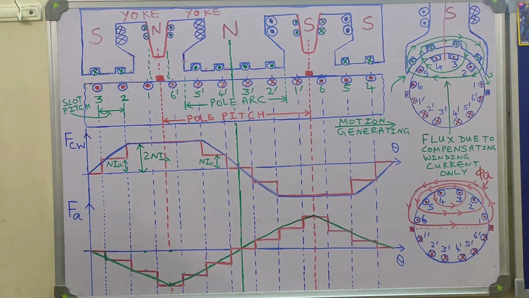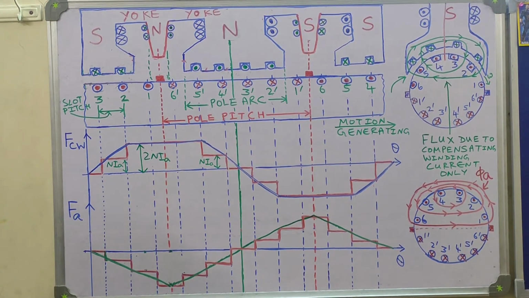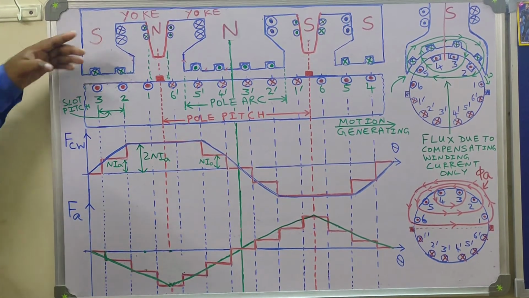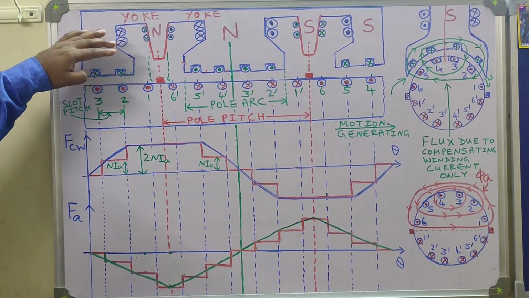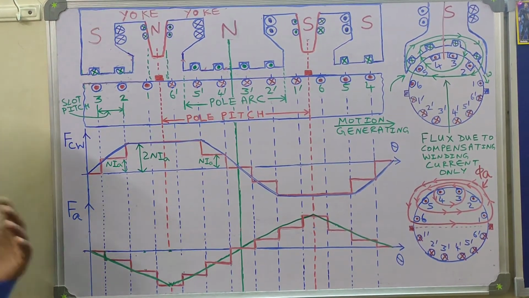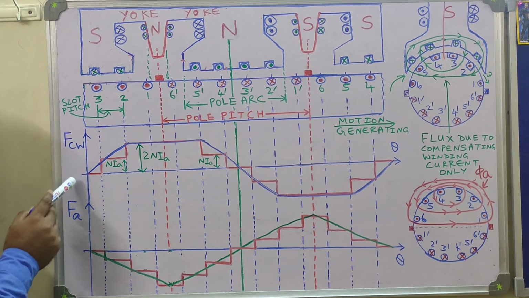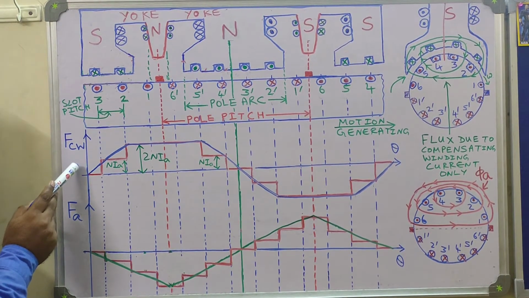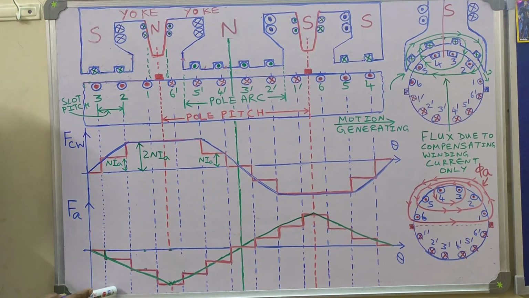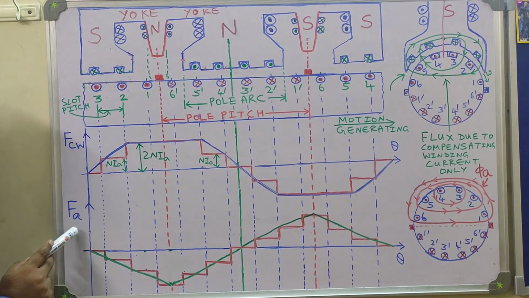It is very important that if in a particular example you have assumed something to be positive, for example here we have taken cross current to be positive and dot current to be negative, it has to be followed both when plotting the MMF variation due to compensating winding current, as well as when finding the MMF variation due to armature current.